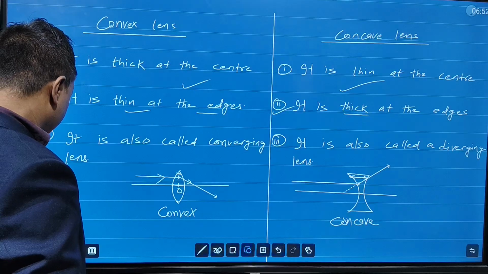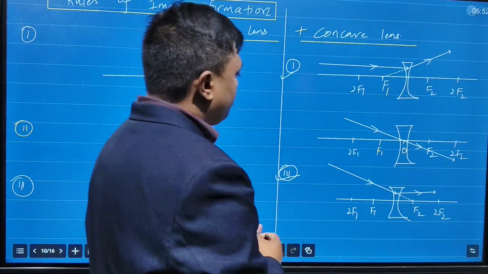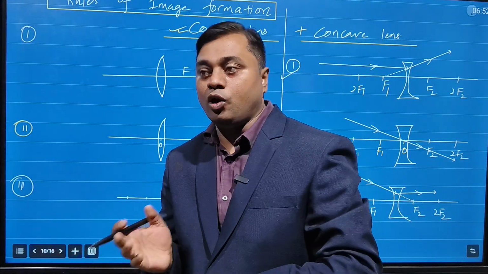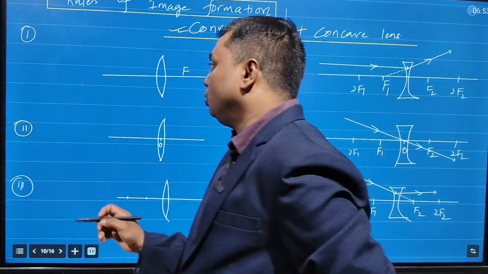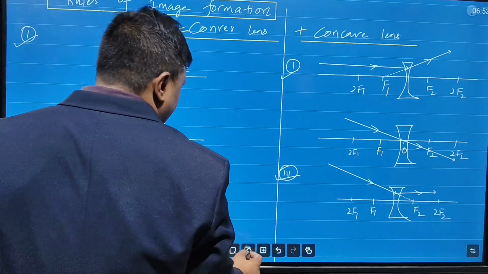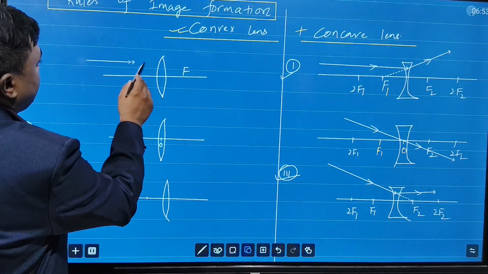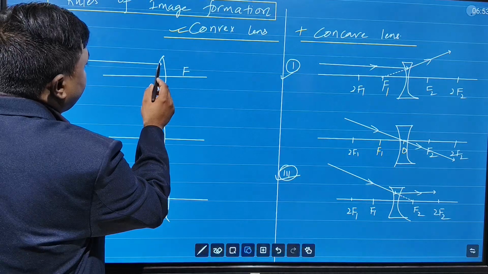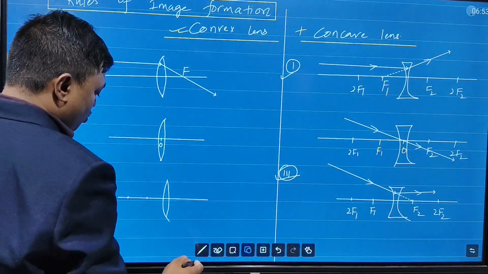Now let's talk about the rules of image formation by a convex lens and concave lens. Rule number one: any ray of light parallel to the principal axis, in case of a convex lens, after refraction will always pass through the focus.